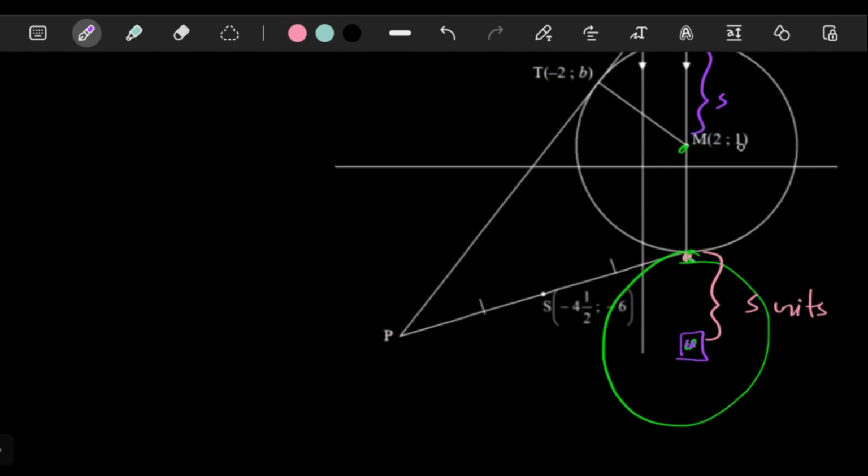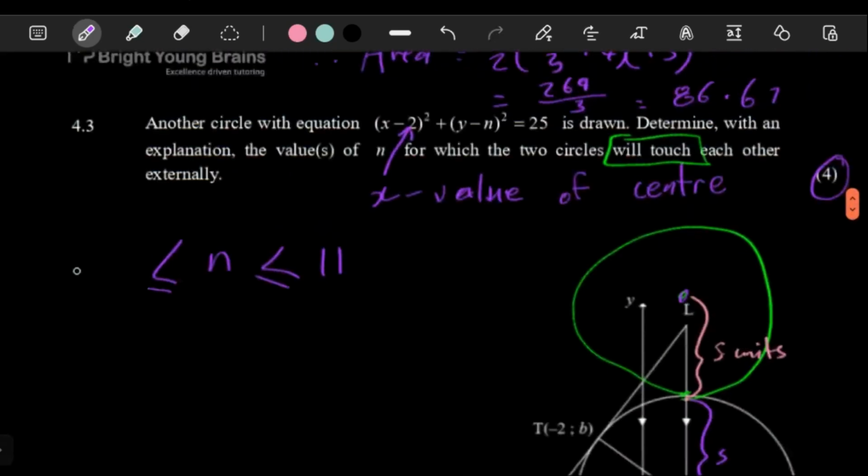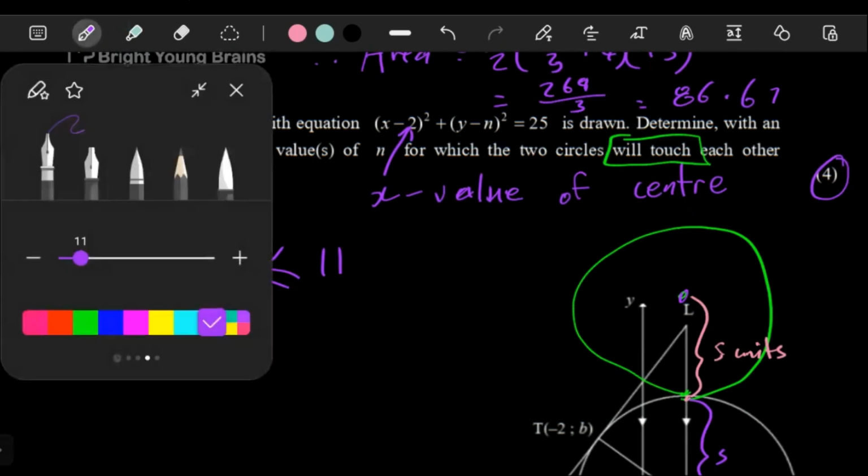So if you go 5 down, this is like a 1, right? If you go 5 downwards, you're at -4. 5 downwards, you're at -9. You see? So you should not go below -9. So n, the y value of the center, should be bigger than or equal to -9, and smaller or equal to 11.